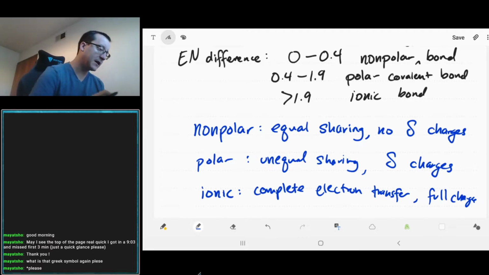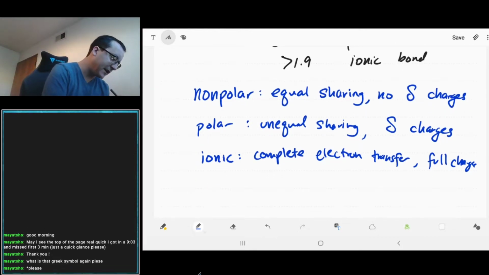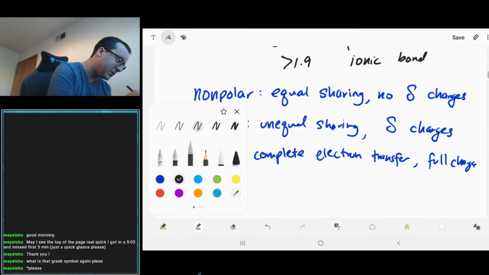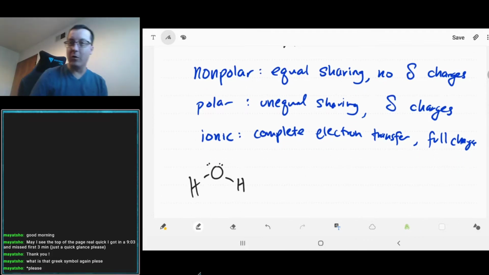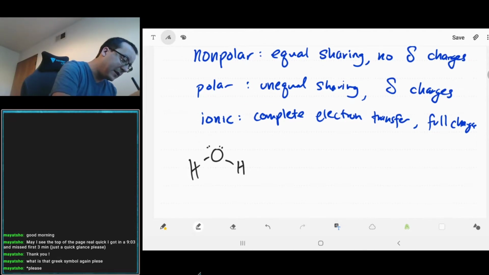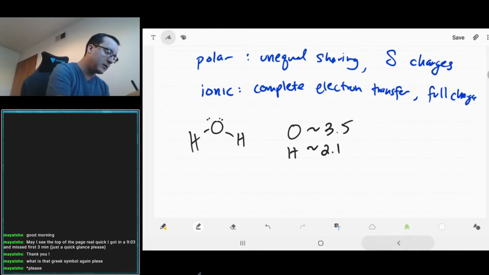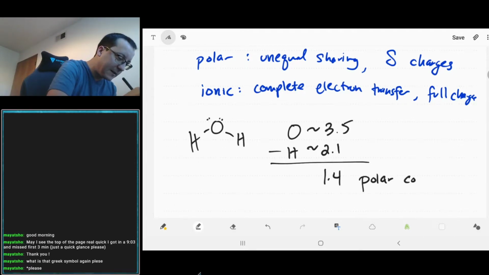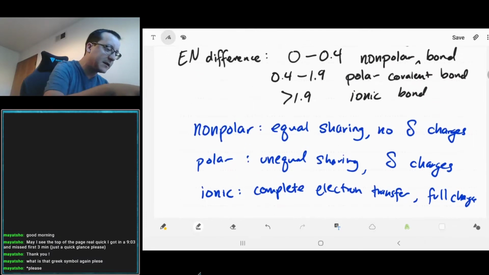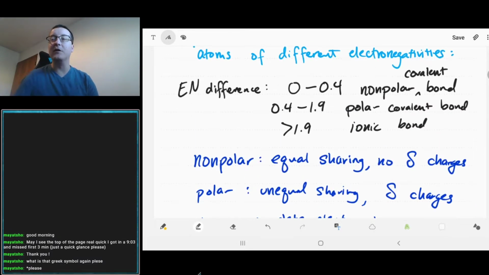So if we look at the electronegativity difference between hydrogen and oxygen, here's our water molecule again. We saw that oxygen was about 3.5, hydrogen about 2.1. The difference in those is 1.4, which would put us at polar covalent, according to this rough sketch of the ranges for these categories.